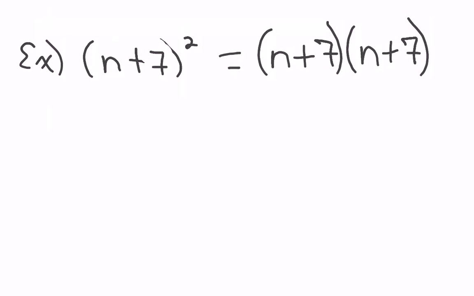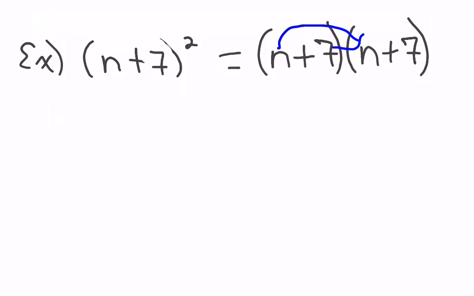Now this one's unique because if we do enough of these, we realize that there is a pattern to how these are foiled. But you can always revert back to the foiling on any of these. The main thing is that when I see a quantity squared, I have to remember that means FOIL.